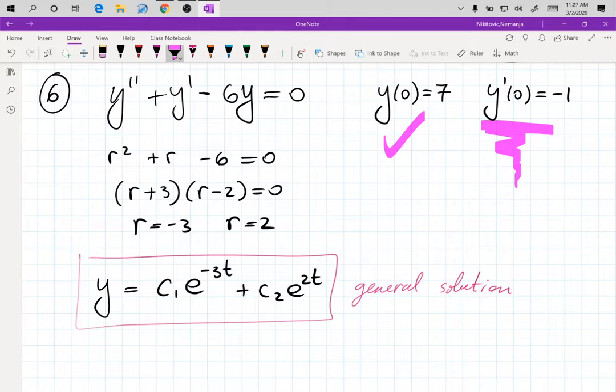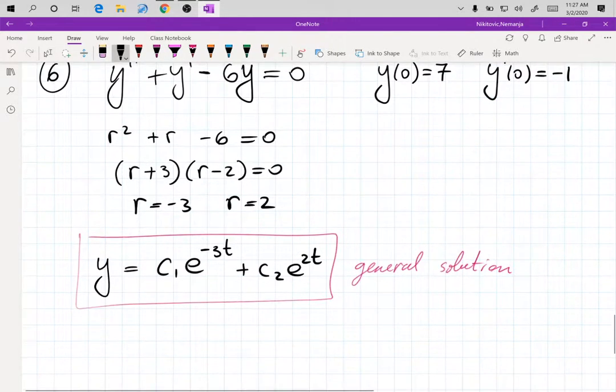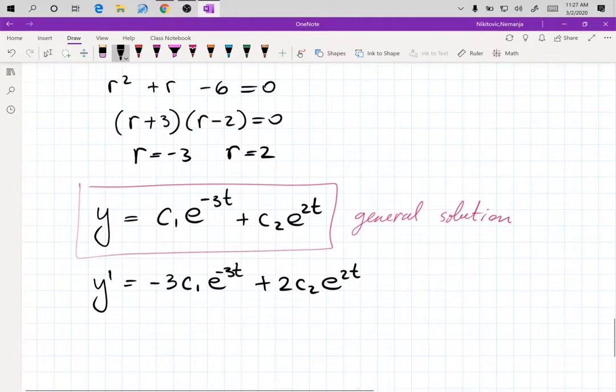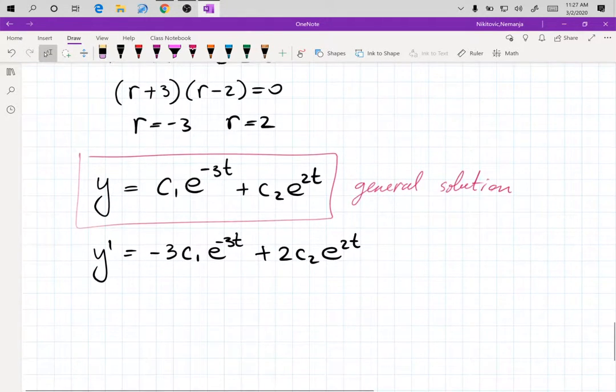Well, you have to get the y prime. How do you get the y prime? You obviously differentiate this. So y prime is equal to negative 3c1 e to the negative 3t plus 2c2 e to the 2t. And this is what we have now.